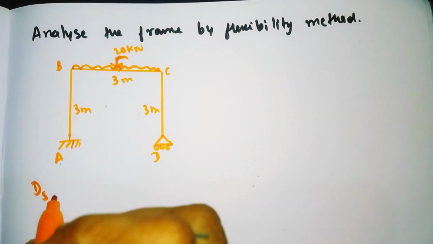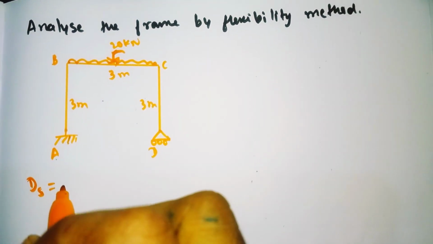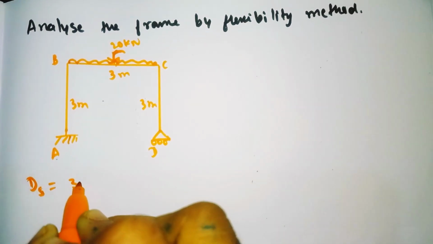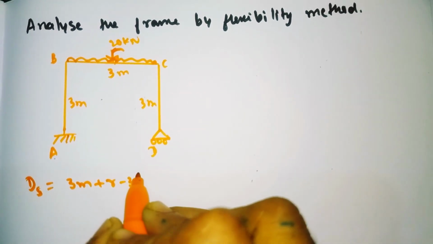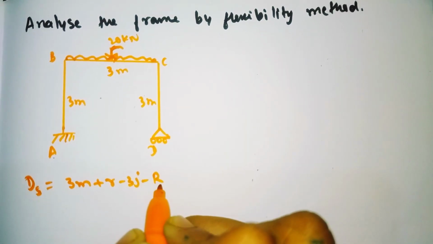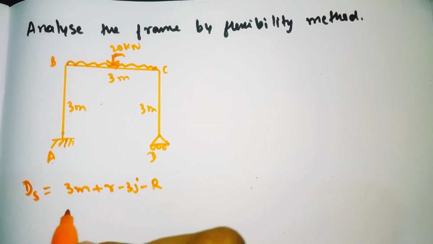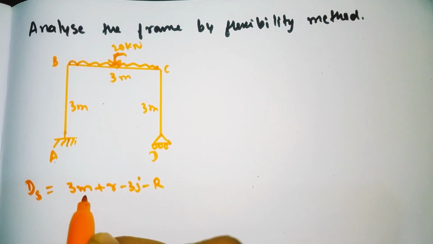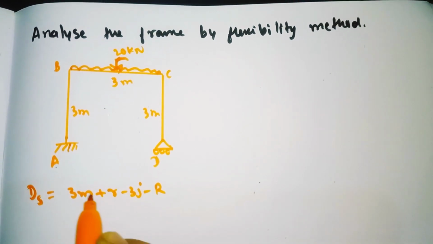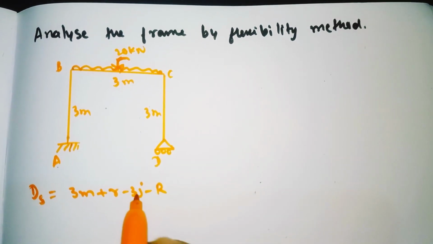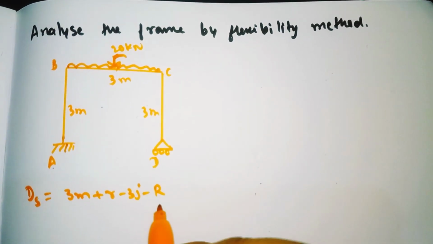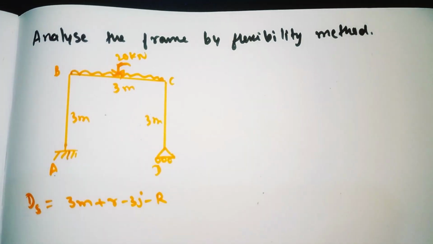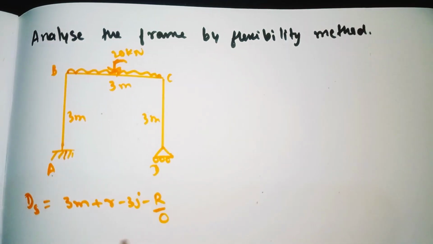To find the DS we have the formula 3m plus r minus 3j minus capital R, where m is the number of members, r is the number of unknown reactions, j is the number of joints and capital R is the number of internal hinges. In this problem there is no internal hinge, so it becomes 0.